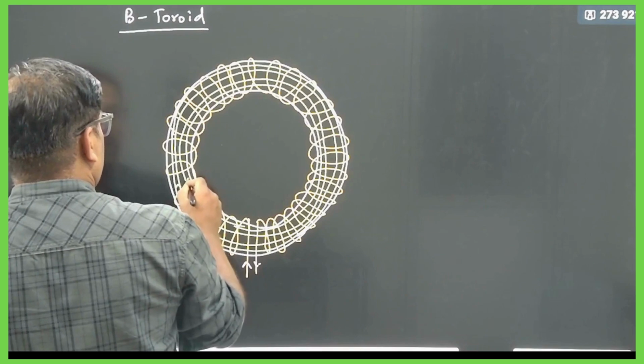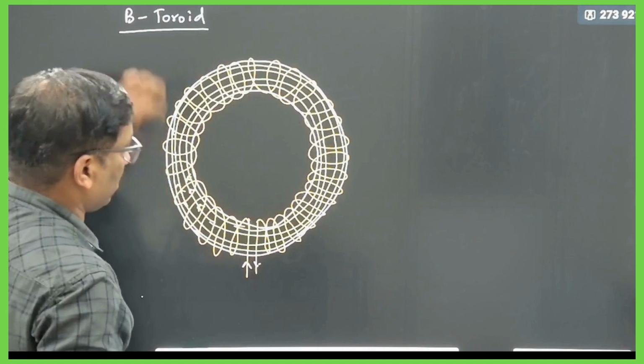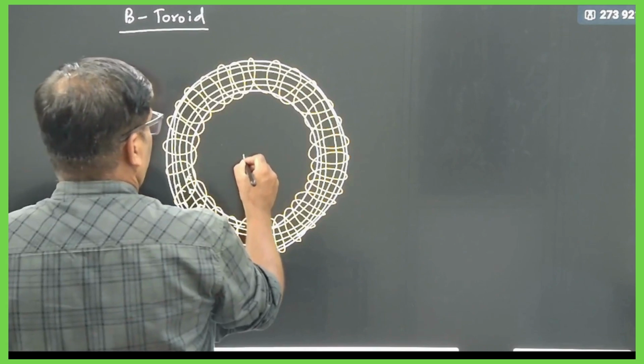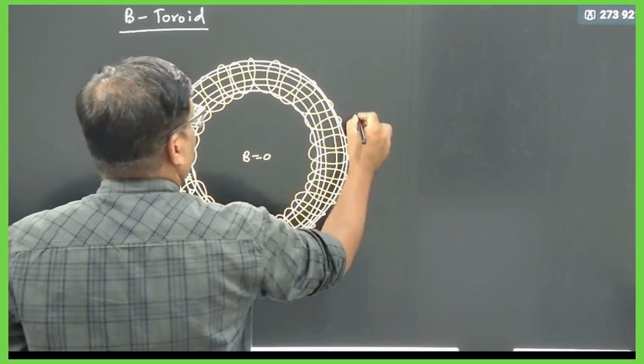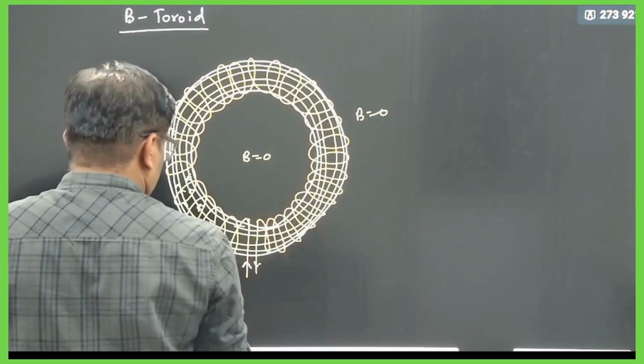The magnetic field is confined to this region, so in the inner hole the magnetic field will be 0, and outside also the magnetic field will be 0. Only inside this region will the magnetic field be there.